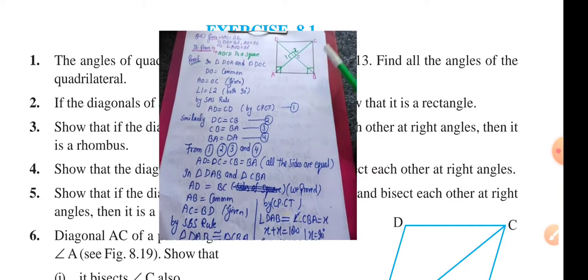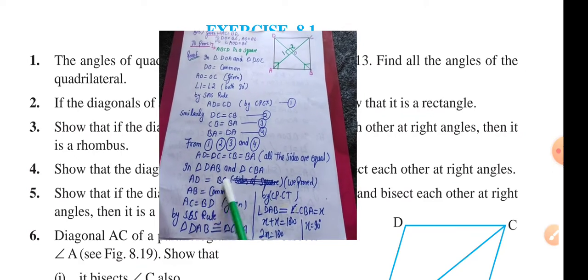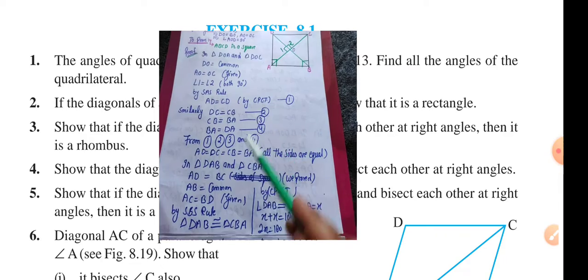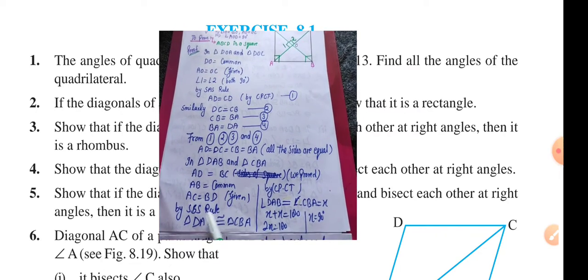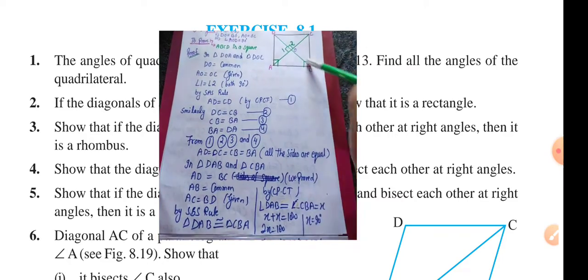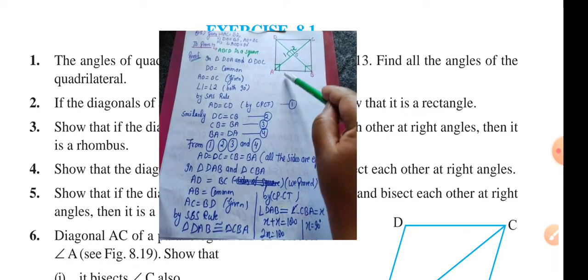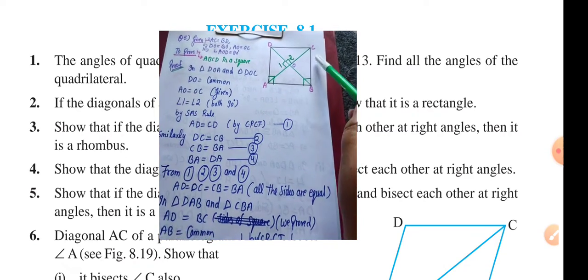We have proved that these two sides are equal, AB is common, and the diagonals are equal. It is given in the question. So by SSS congruency, these two triangles are congruent. If these two triangles are congruent, then by CPCT you can say that angle DAB equals angle CBA.